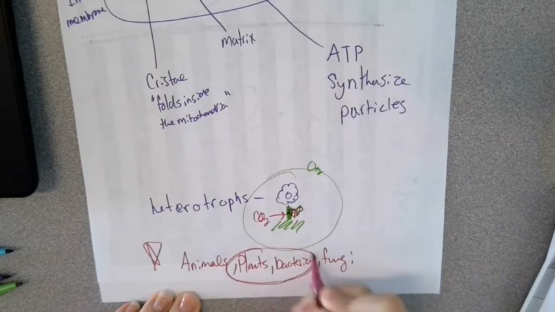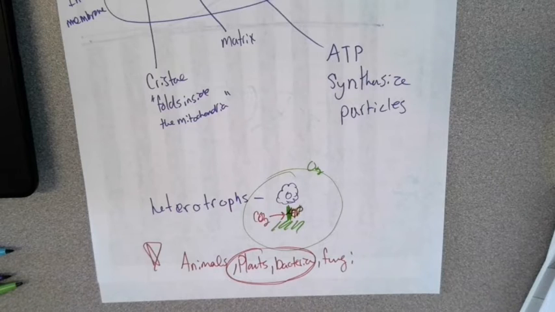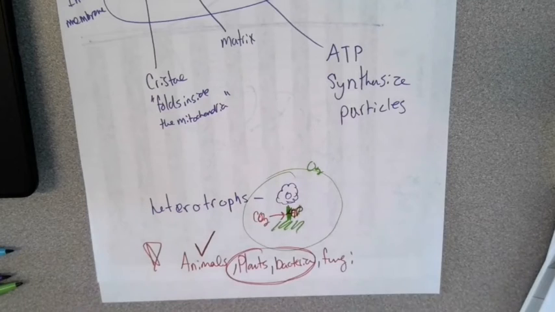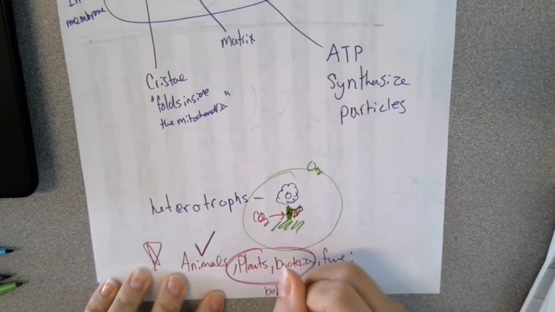Plants and bacteria especially, they do both photosynthesis and respiration. We tend to focus more on animals and human beings because these are the only ones that only do cellular respiration. Plants and bacteria, they do both.